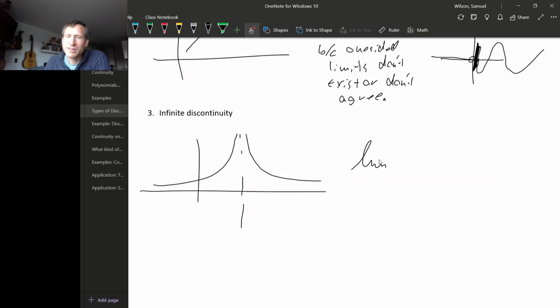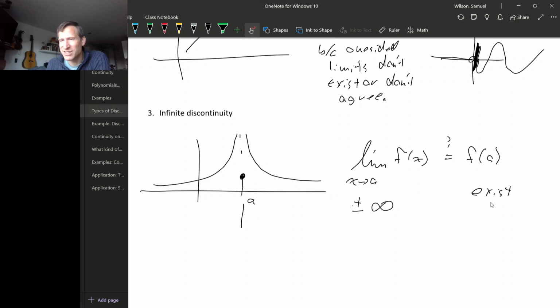And with an infinite discontinuity, if we ask ourselves about the definition of discontinuity, or the definition of continuity, here I can even define the function at the point A. So here the function value exists, and the limit also exists, but it's plus or minus infinity, right?